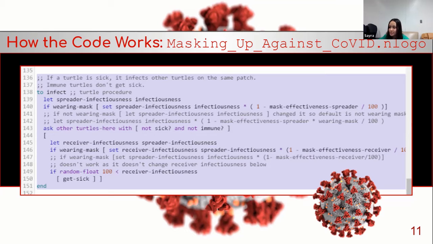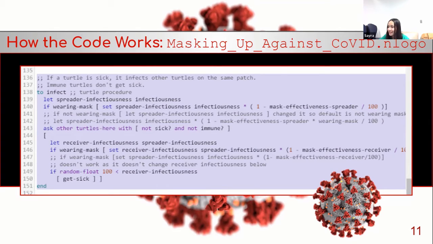For the spreader to infect, beginning at line 139, we can see how we let the infectiousness of the spreader be the infectiousness that the slider for infectiousness is set to, which is basically just the infectiousness of the disease, or the chance per day that a person will make someone else sick if they are in the same square. Then at line 140, if they are wearing a mask, it reduces their chance of infecting others by setting the spreader infectiousness to the infectiousness of the disease, and then multiplying that by 1 minus the mask effectiveness of the spreader, and then divided by 100.